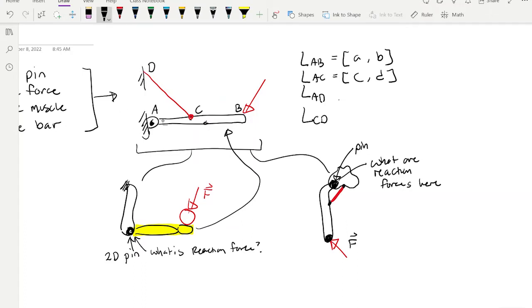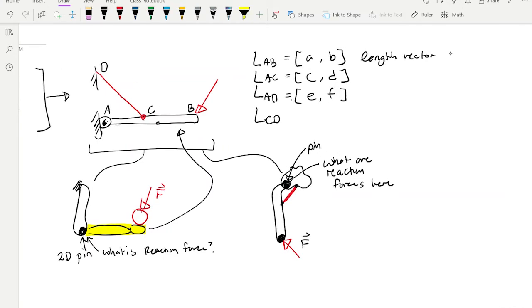Okay. So let's say we know the insertion point of the muscle from the hinge, wherever our hinge is. We call that LAC. So let's say we also have the information of how far from the pin, the connection here, the muscle inserts onto the fixed object. So that's EF. And then let's describe this as the length of the arm, or forearm.